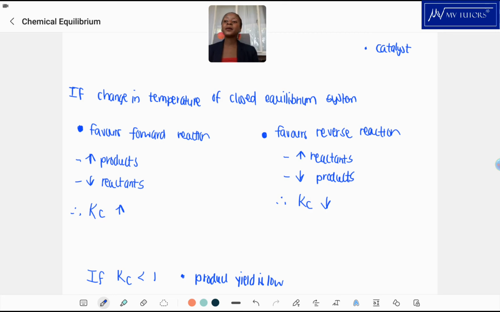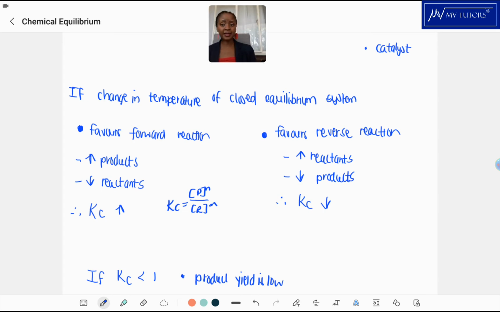Remember the Kc constant is the concentration of your products over the concentration of your reactants at equilibrium. If your numerator increases, your numerator is directly proportional to this Kc expression. So if your products increase, it only makes sense for your constant to also increase.